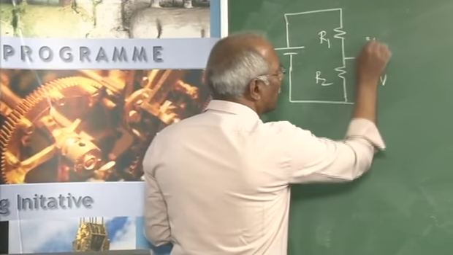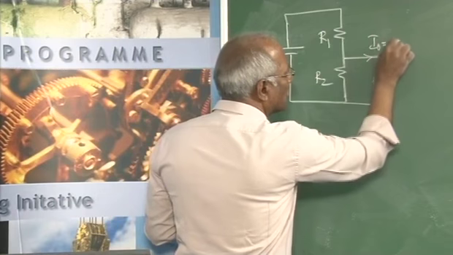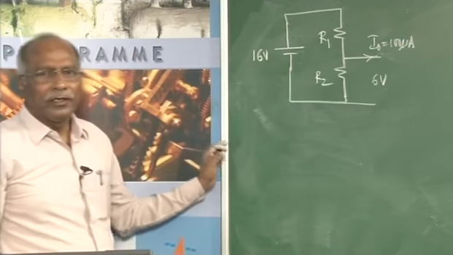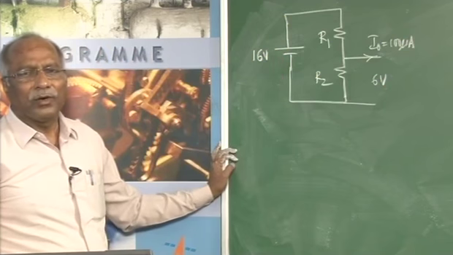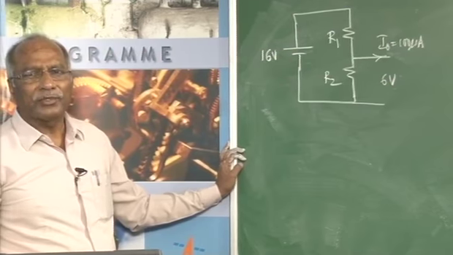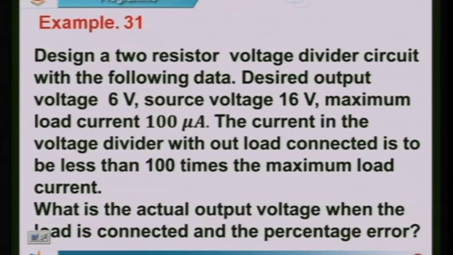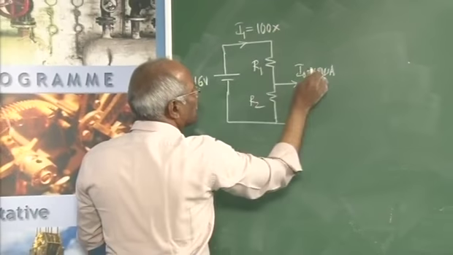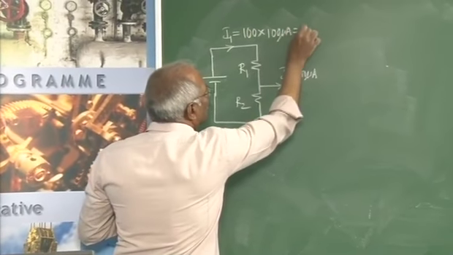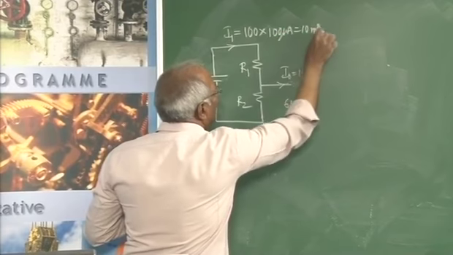The current in the voltage divider without load connected is to be less than 100 times the maximum load current. That means the current that flows here, if I call it I1, will be equal to 100 times 100 microamperes, that comes to 10 milliamperes.